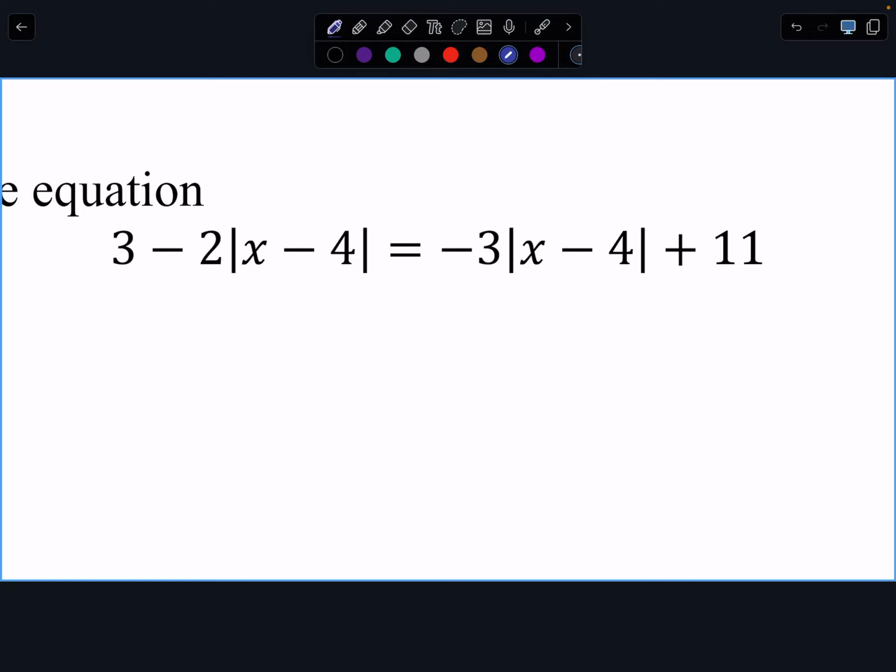Like we could think about adding 3 times the absolute value of x minus 4 to each side of this equation, which would just give us the absolute value of x minus 4. And then we could think about subtracting 3 on each side, which 11 minus 3 is 8.